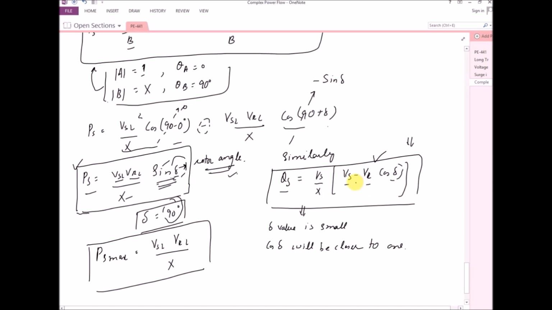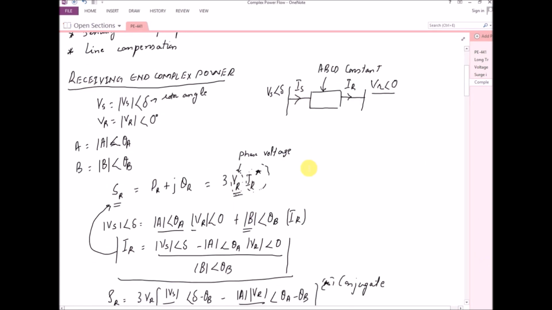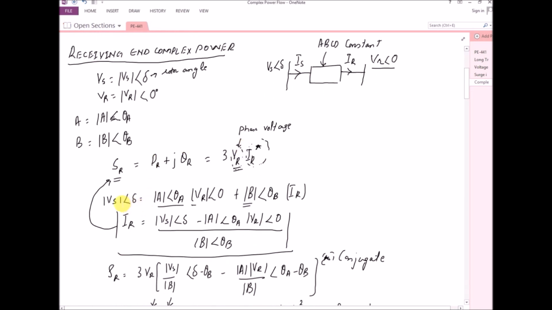So this was the first topic of this lecture. What we have covered: we started from the receiving end complex power, and we used the simple equations for the sending end voltage and sending end current in terms of the transmission line constants, receiving end voltage and receiving end current.